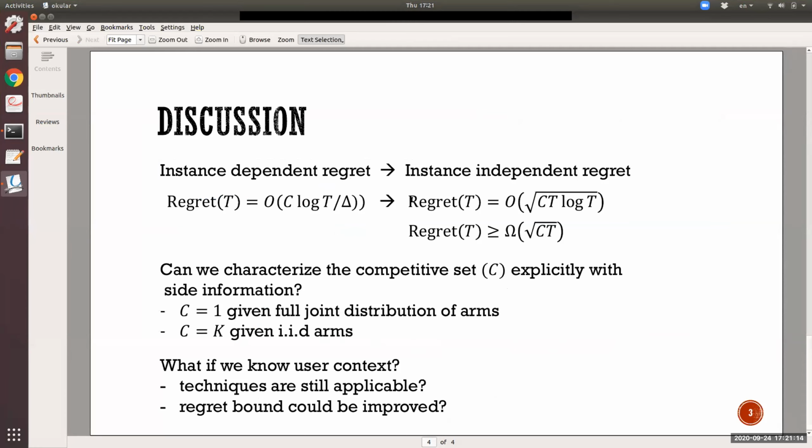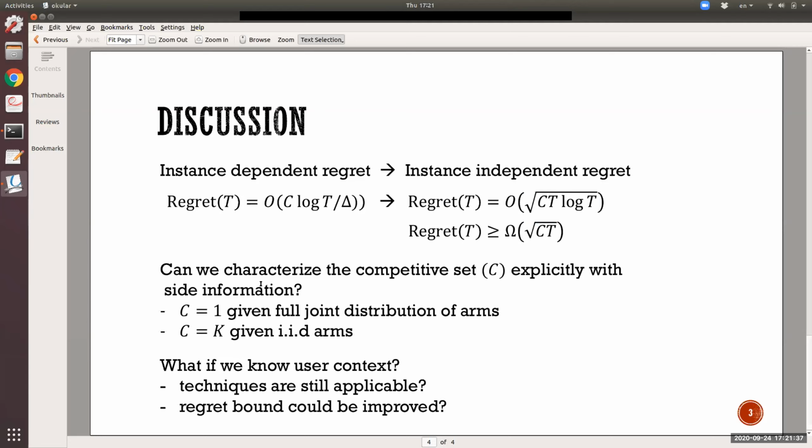So the upper bound is this one, or we can get the lower bound on the square root of c times t, and that's it for the first question. The second one is, can we characterize this so-called competitive set C with side information?